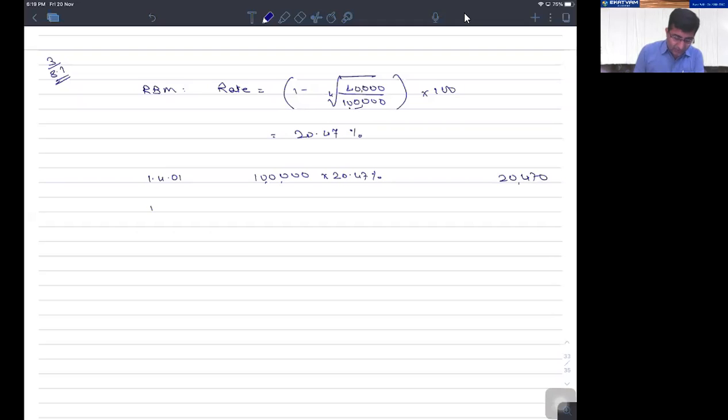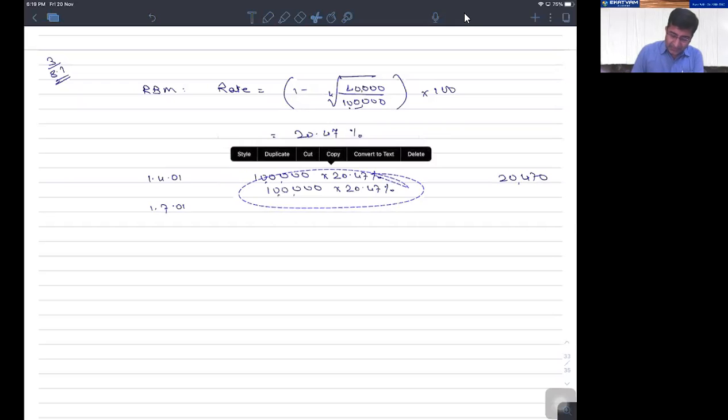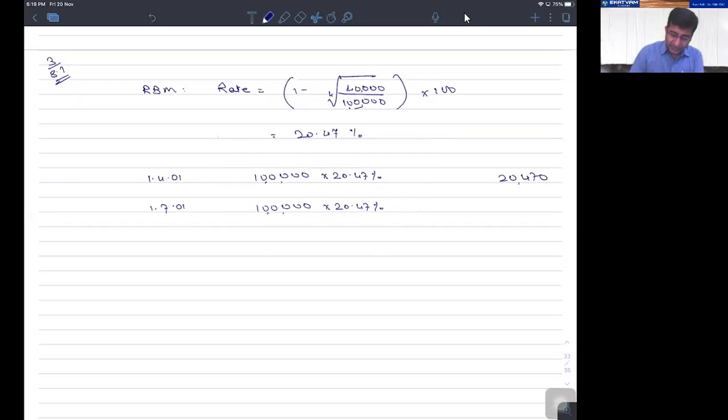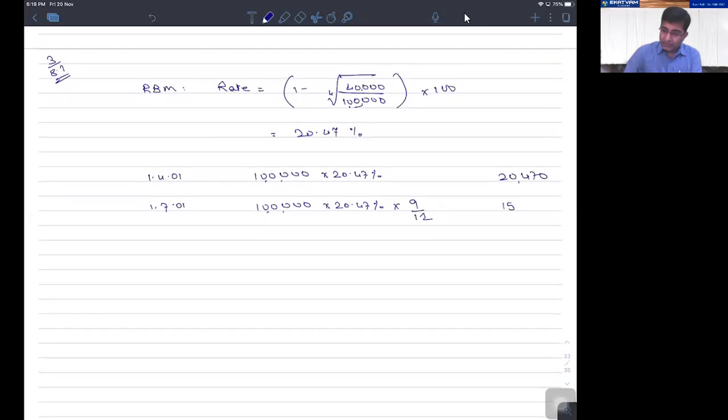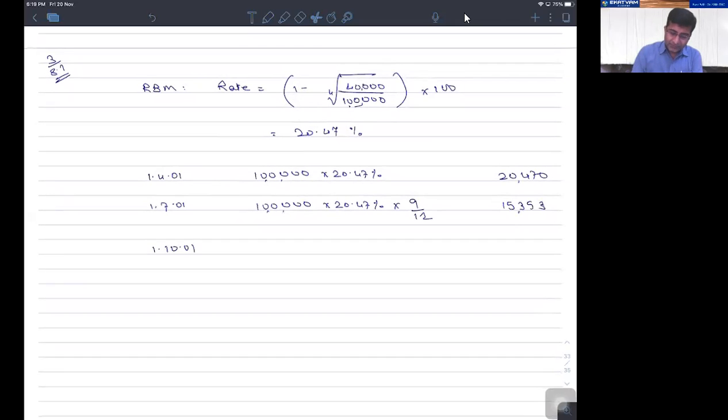If it is purchased on 1st of July 2001, then the amount of depreciation will be 1 lakh into 20.47% into 9 upon 12. 20,470 divided by 12 into 9, that comes to 15,353 approximately.